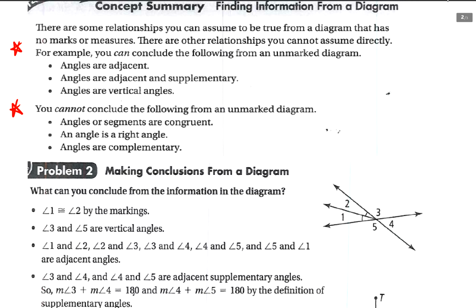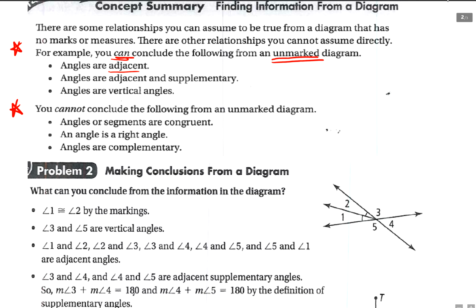There are things that we can assume to be true, and most stuff we cannot assume unless we are given it or have something that lets us get to that. So let's look at the things that we can assume to be true on an unmarked diagram. We can identify adjacent angles, okay, because we can see the common vertex and the common side.